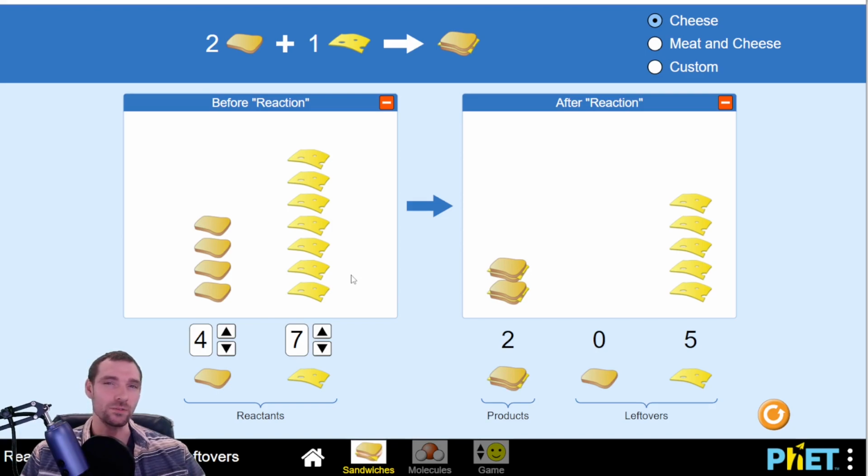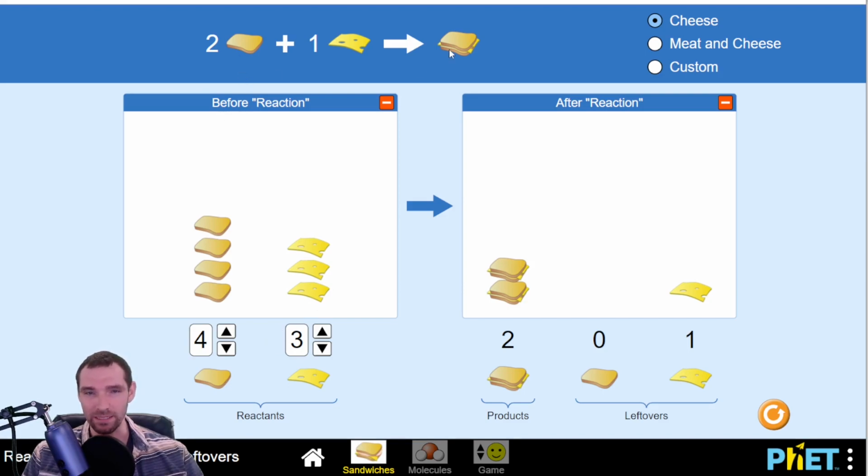So our real objective with the limiting reactant is to figure out which one do we really have less of, depending on also the reaction, because I can have a little bit less cheese than bread, but I'm still being limited by the bread because I need more bread to make the sandwich.